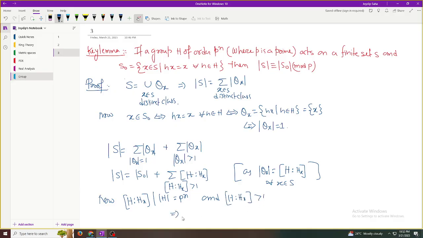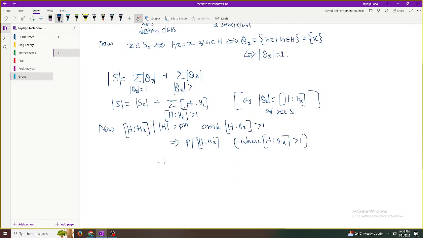This implies p divides it, for each such index greater than 1.